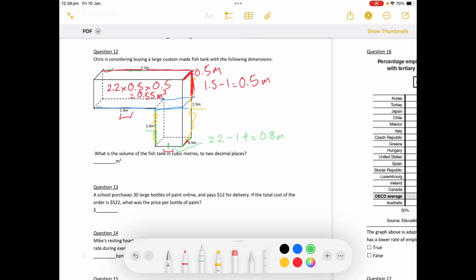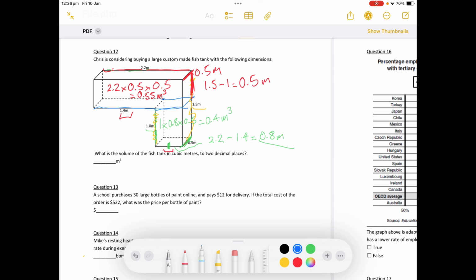For the bottom section, we had this side here, so 1, times this one here, which we worked out as 0.8, times this section here, so 0.5. Let's put that in the calculator. That's going to be 0.4 meters cubed.